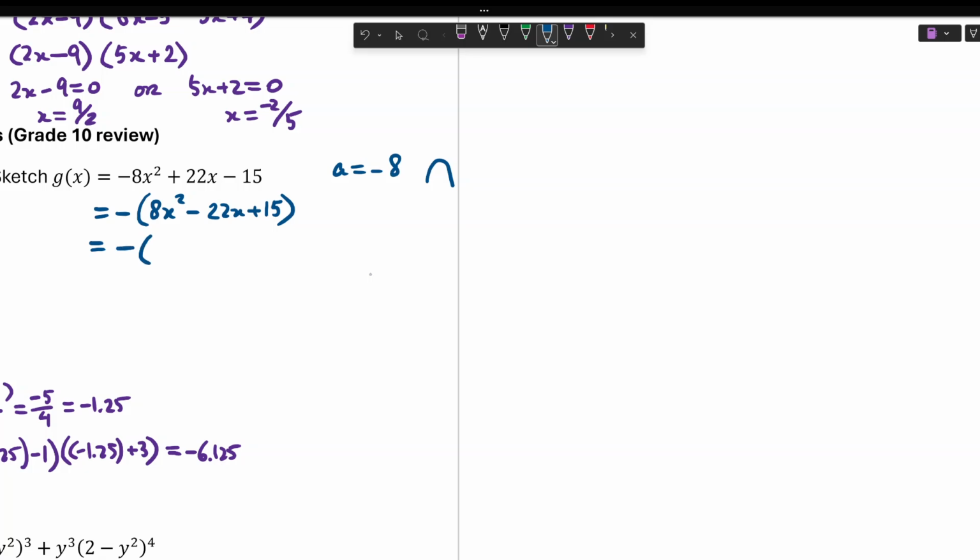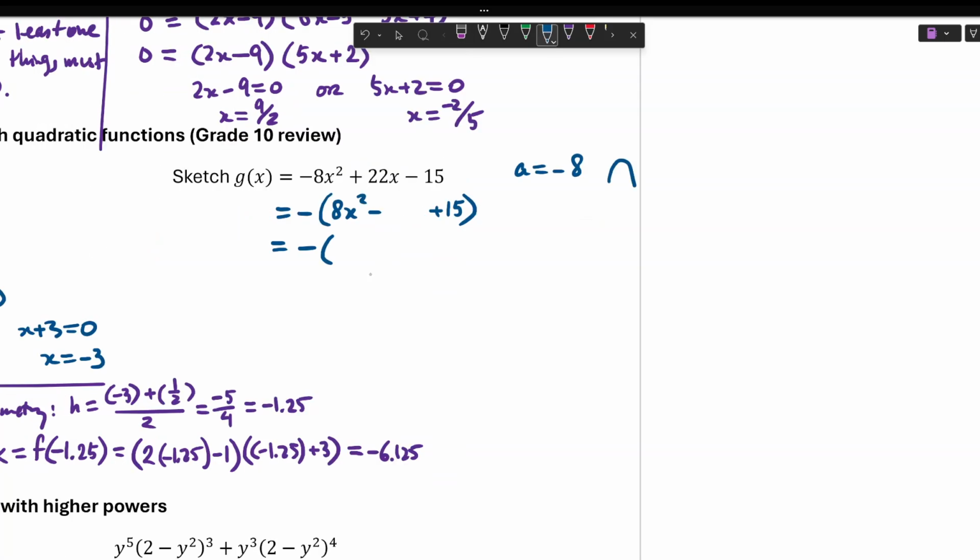Now when you factor this, you're going to get, I think 4 times 2 and 2 times, no, 4 times 5, hang on, this is not coming to me. Okay, so 8 is 1 and 8, 2 and 4. 15 is 1 and 15, 3 and 5.